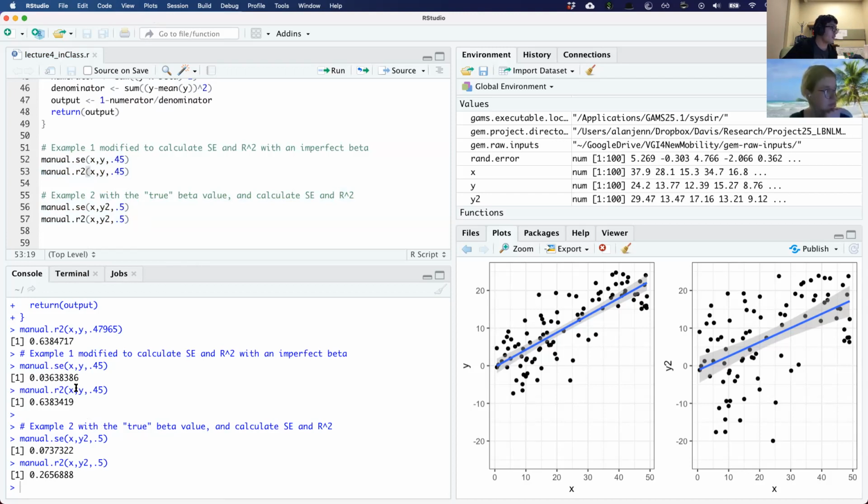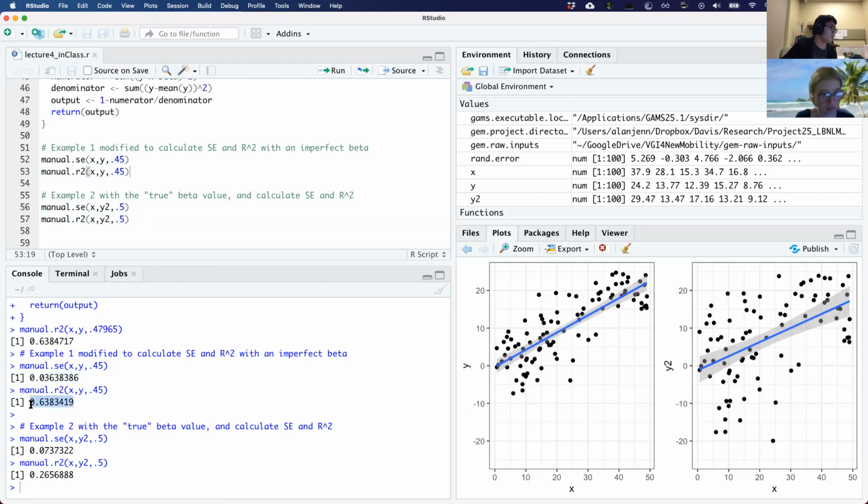Now, if I were to just look at these values and I see this standard error 0.036 compared to 0.07, the standard error in this case is about twice as small.